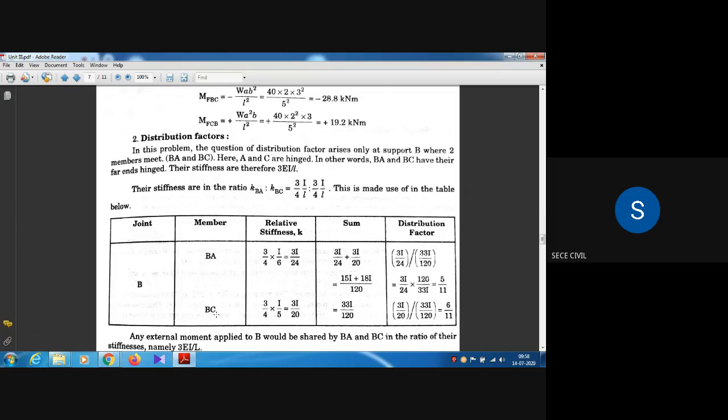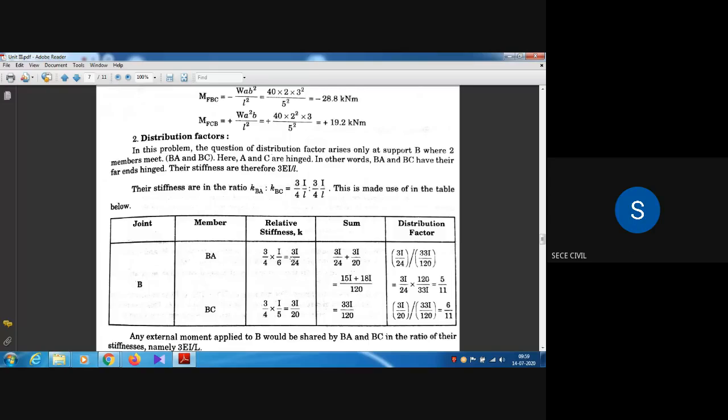Next, stiffness. We are calculating the stiffness. We know the stiffness formula. What is the stiffness formula, Manisha? 3I by 4L, sir. 3I by 4L is for what support?